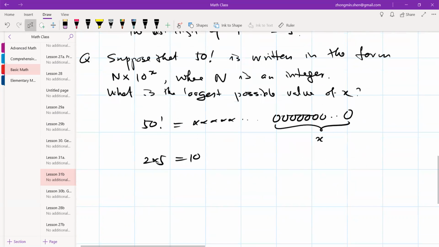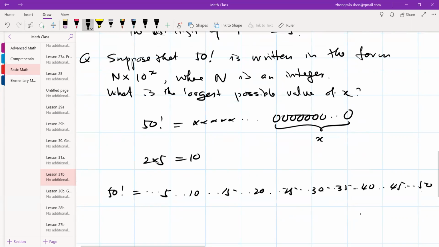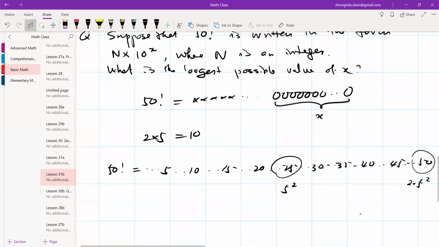And when you look at 50 factorial, we search for the factor 5. So you write down 5, 10, 15, 20, 25, 30, 35, 40, 45, 50. But be careful, 2 special numbers contain two 5s there.